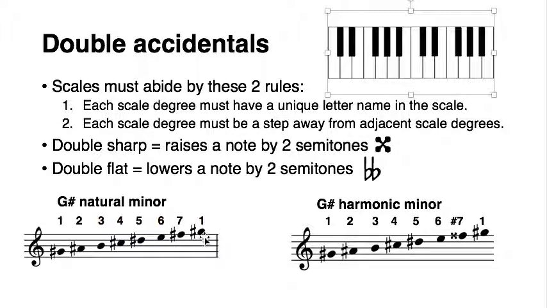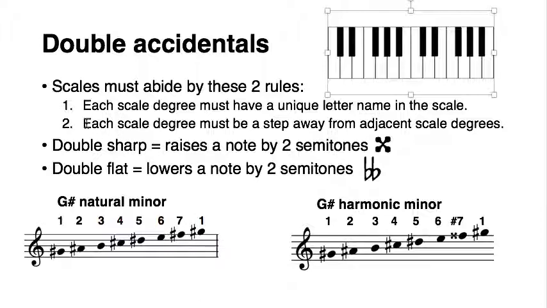However, we cannot call the raised 7th scale degree G, because that violates those 2 rules that we just talked about in the case of major scales and minor scales. These 2 rules are: 1, each scale degree must have a unique letter name in the scale. If we call that raised 7th scale degree a G, then we have 2 Gs, a G natural and a G sharp, so that's a no-go.